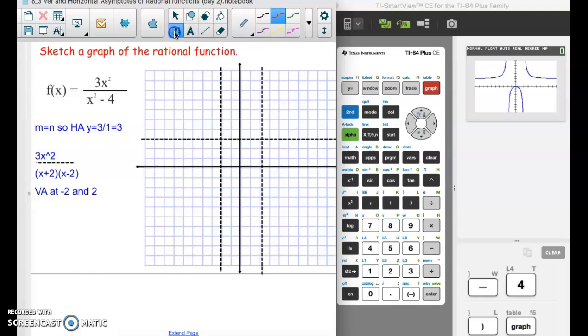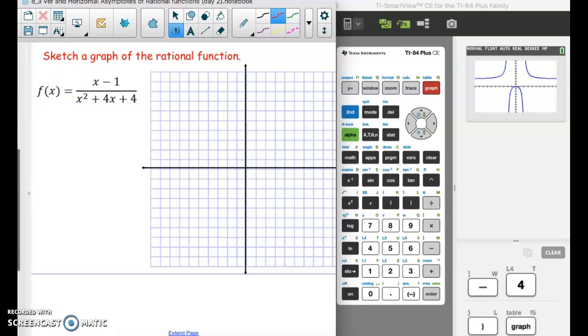So you can sketch that in. Good enough. That looks great. Good job, self. Full credit on the test.